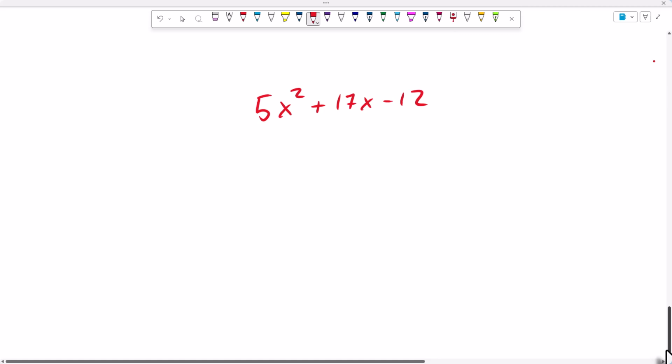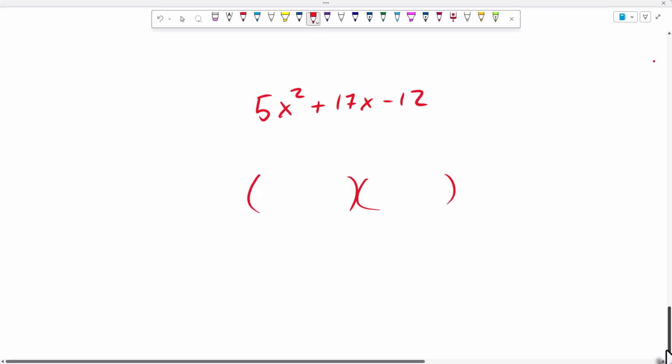Okay, how is this polynomial different? The leading coefficient is not 1. Five is prime though.